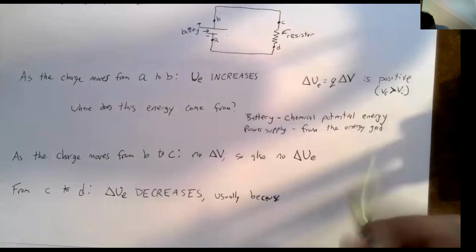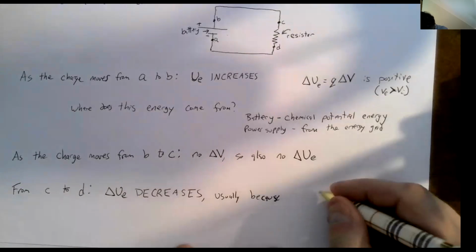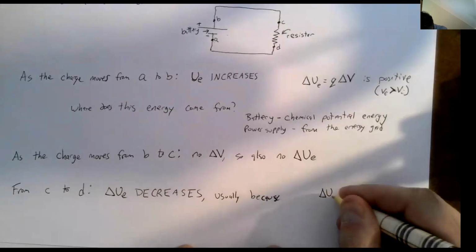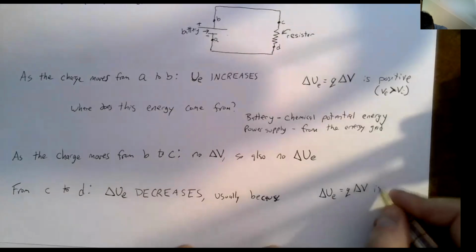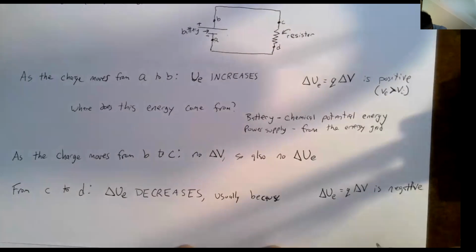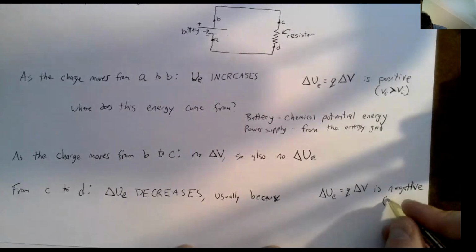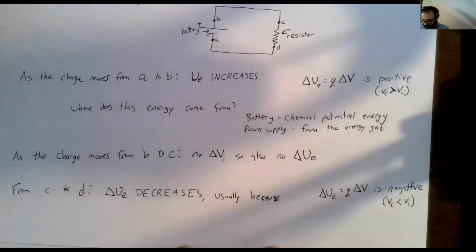So we can say that, and we'll see why in a second, delta UE, which is Q delta V, is negative, because our final potential is less than our initial potential, in this case, going from C to D.